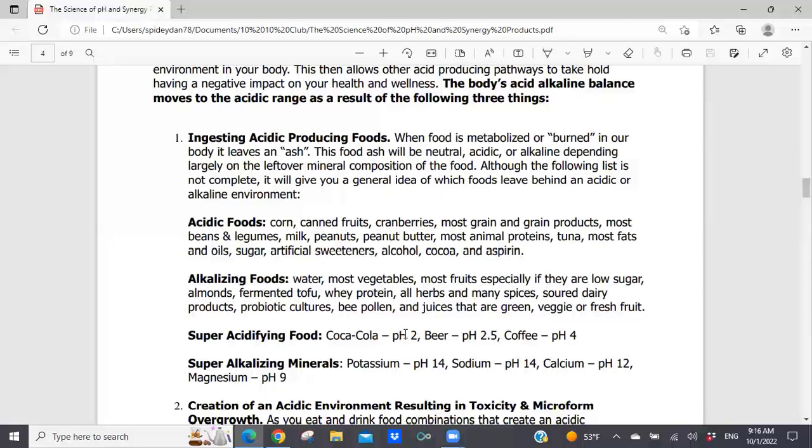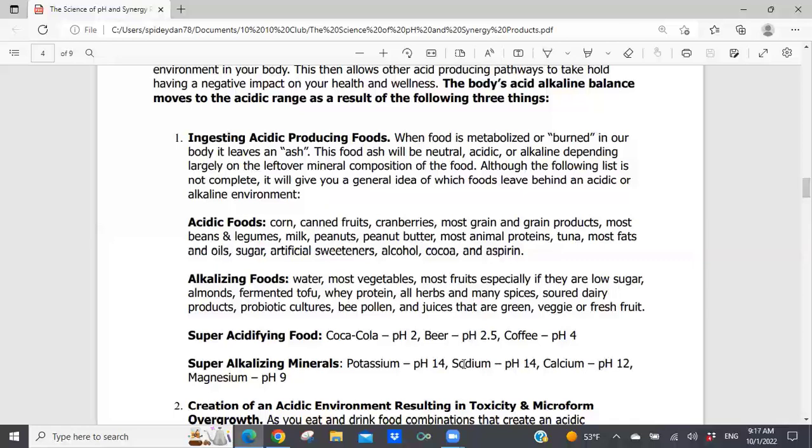Now, before I go on, I want to come to the sodium. I know that the medical profession wants to reduce sodium intake. But when you look at sodium having a pH of 14, and you look at what most people eat in their American diet, which is highly acidic, that sodium helps to offset that acidic diet that they have.